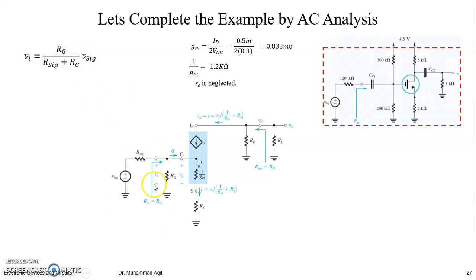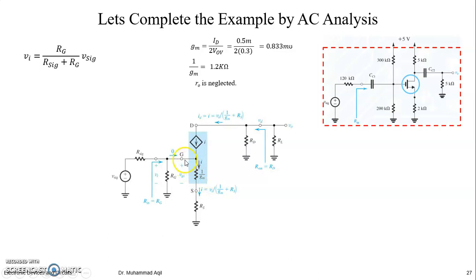So this is V in. And this V in is actually from gate to ground. According to this T model, you have from gate to ground the VGS, gate to source, and then the source to ground voltage, the two parts of this VI. So VI is further divided between these two resistances.